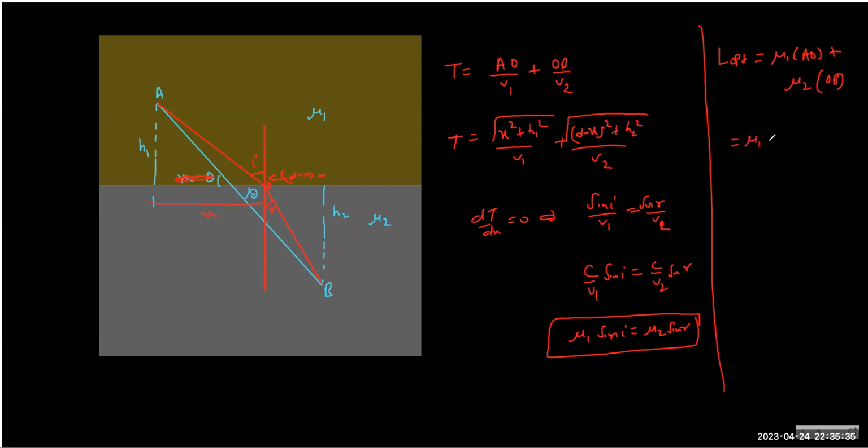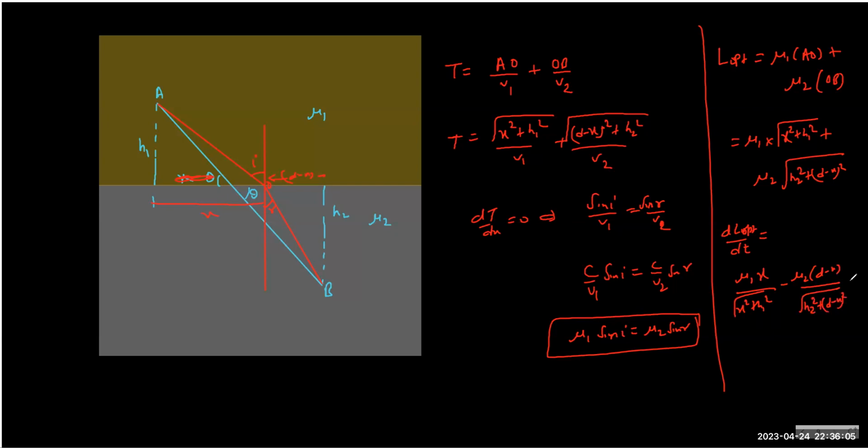So we'll write mu1 into the geometrical length, and if you differentiate this optical length to minimize it, you will get exactly this.